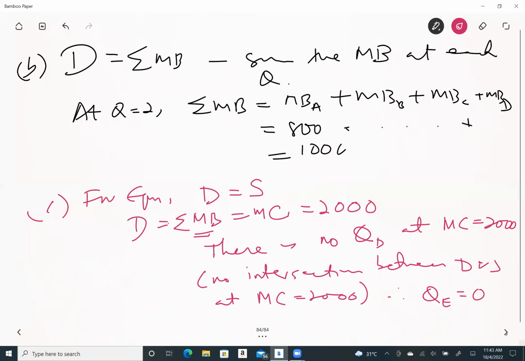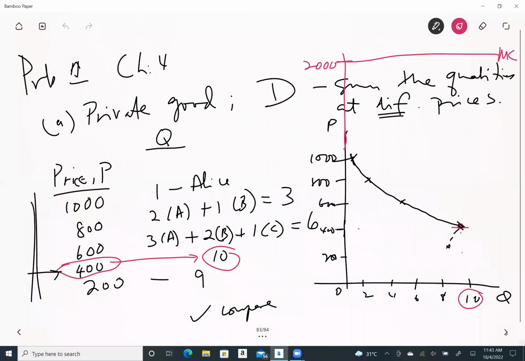Now, actually, if you look at the graph, the intersection will be there. Demand equals supply at what Q? You extend the graph all the way up there. Drop down, 2,000 will go there.